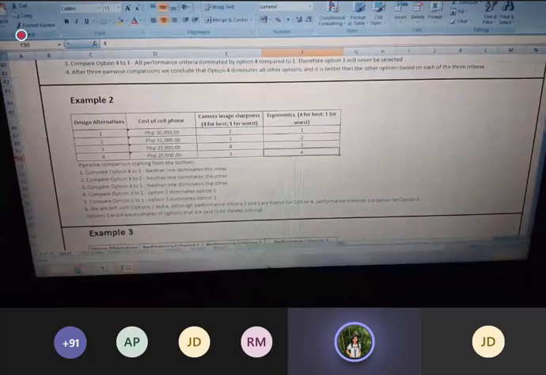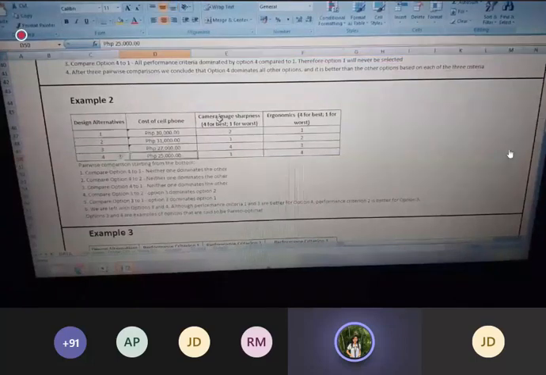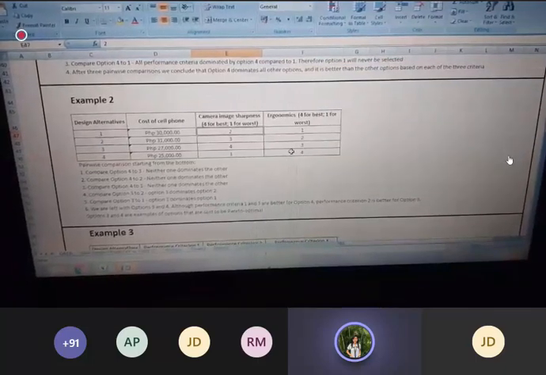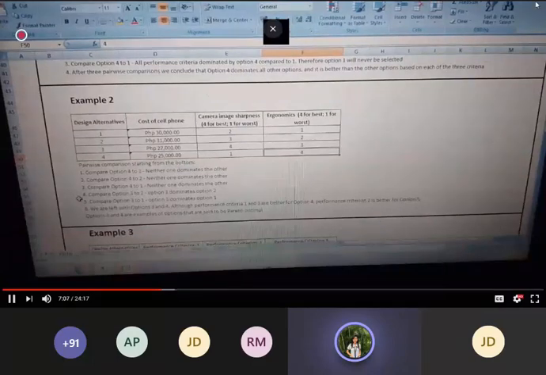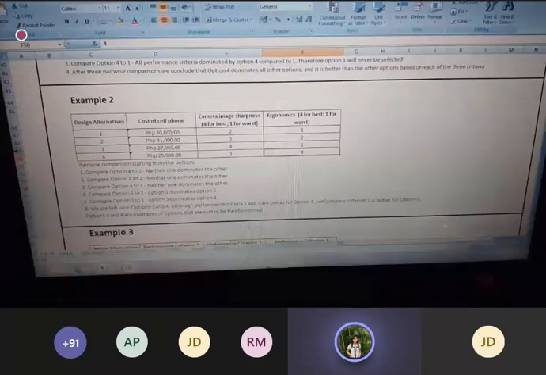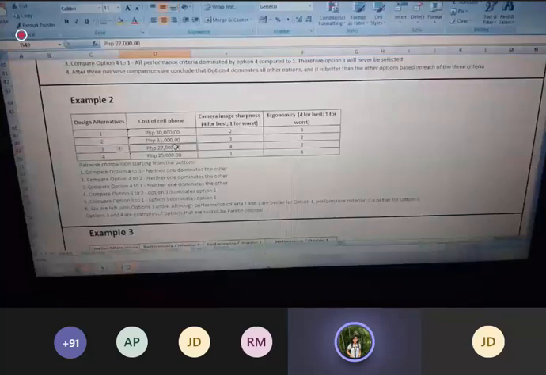How about comparing option 4 to option 1? For the cost of the cell phone, 4 is better. When it comes to the camera image, design 1 is better. When it comes to ergonomics, option 4 is better. So comparing option 4 and 1, neither dominates the other. Then comparing 3 to 2: for the cost of the cell phone, option 3 is better.